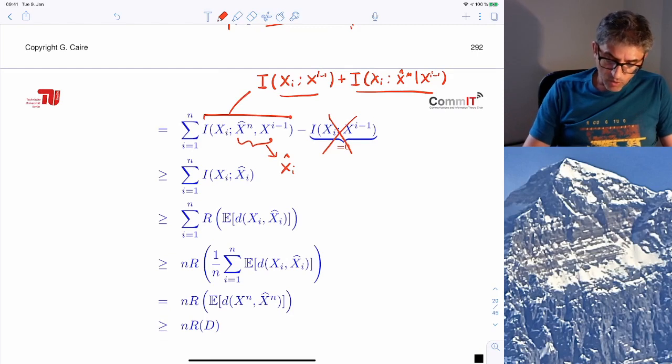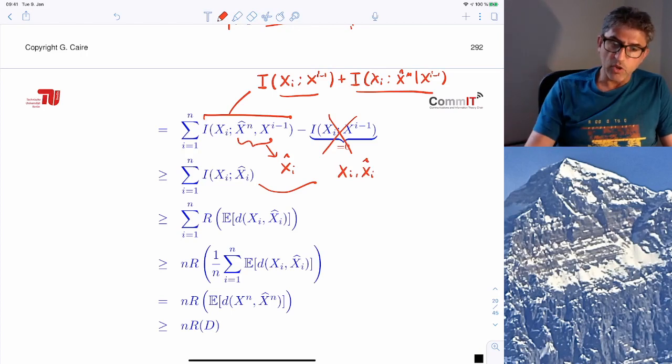But now we know the following. We do not know what the joint distribution of these two variables is, because this is induced by the randomness of the source and the code that is given, okay?